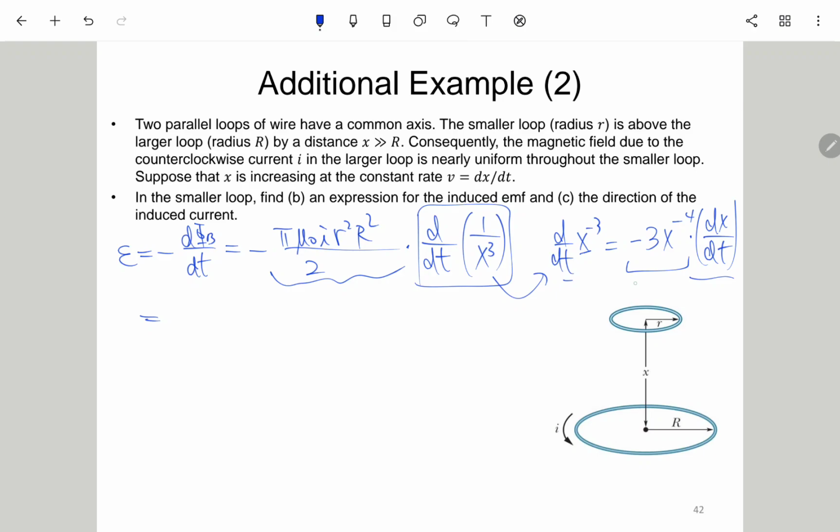Here we just put this expression in. So we have a negative pi mu 0 I r squared capital R squared over 2, times negative 3 over x to the fourth power, times dx dt.